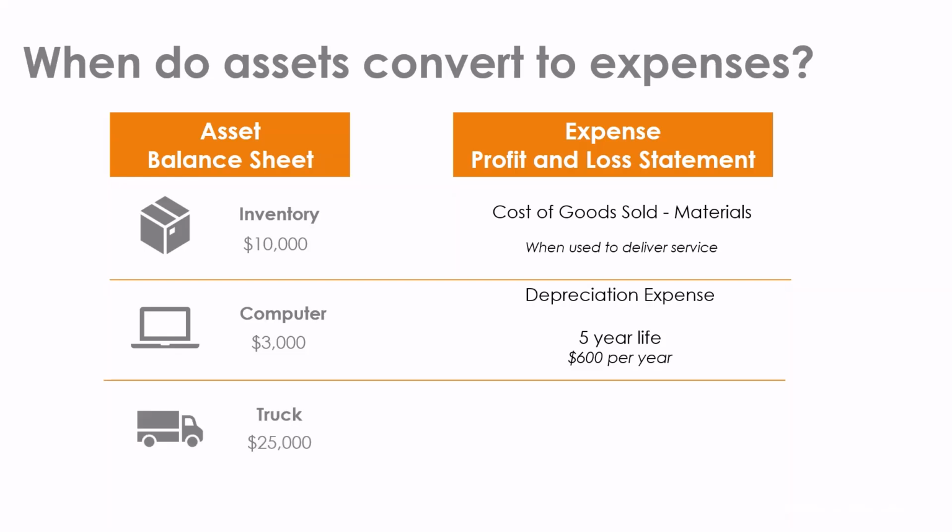And a similar logic applies to trucks. If you buy a new truck for $25,000, the depreciation expense process is pretty similar because trucks also have a 5-year life. So the depreciation deduction on your profit and loss statement would be $5,000 per year.